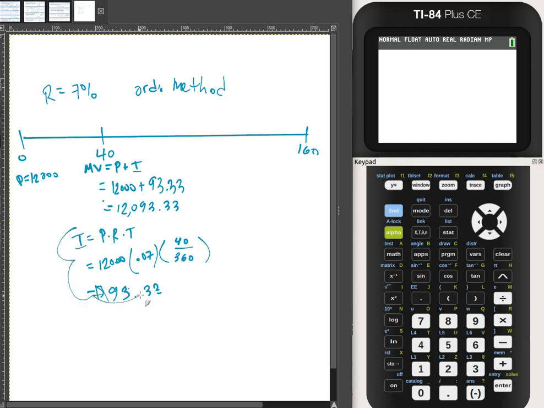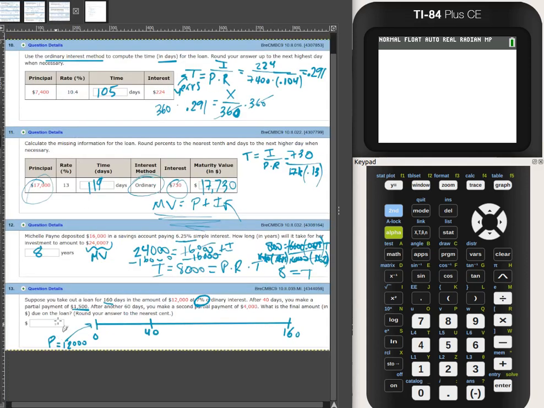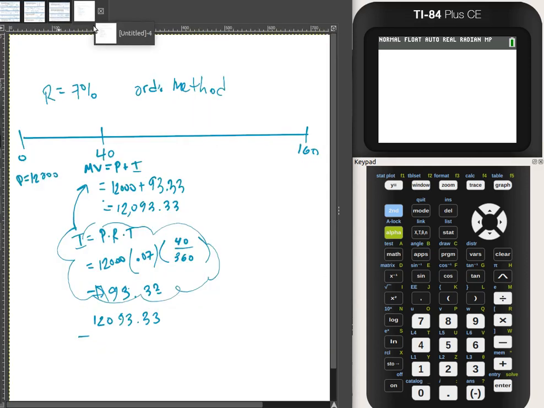Now we're going to take our 12,093.33 and subtract our partial payment, which was $1,500. We make a payment of $1,500, so we would like to subtract that payment, $1,500.